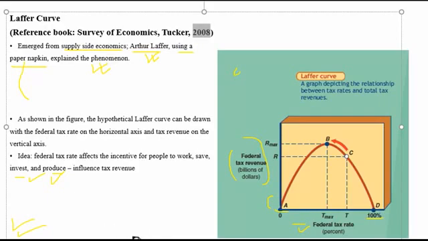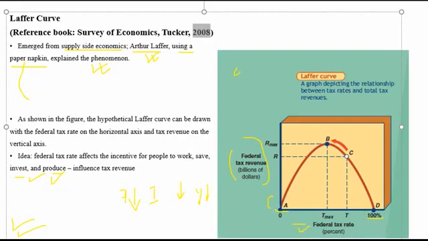So they will try to reduce their tax liabilities by engaging in unreported income, undertaking some underground transactions, or by not working. So production will go down, incentive is going down, income will go down, right? So this is for a 100% tax rate.